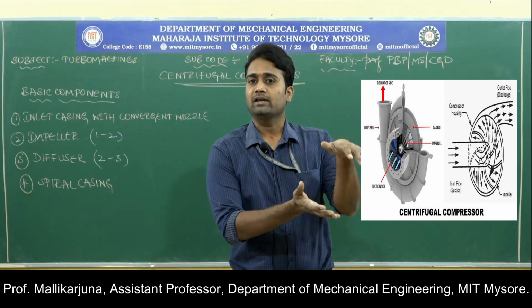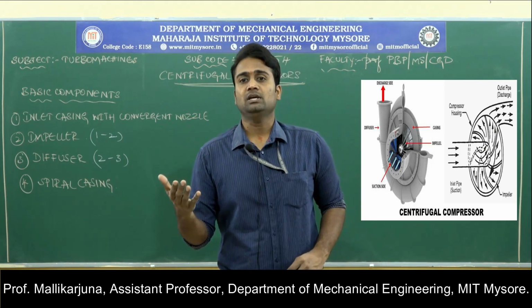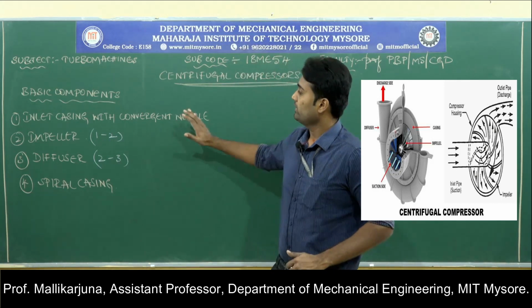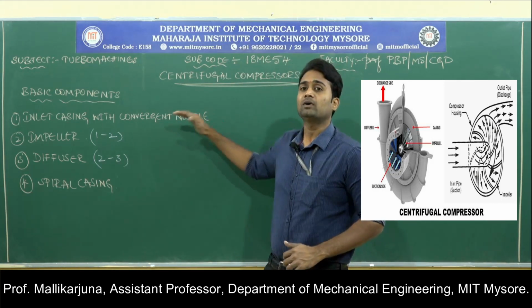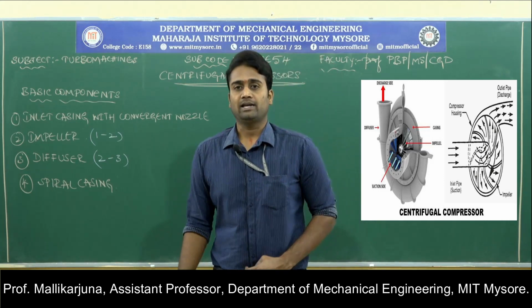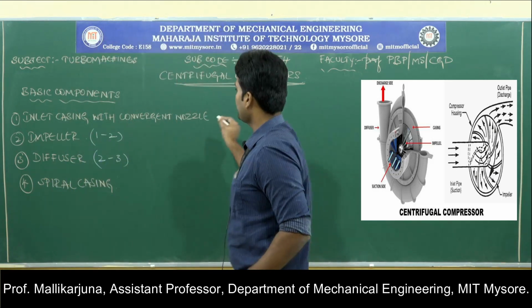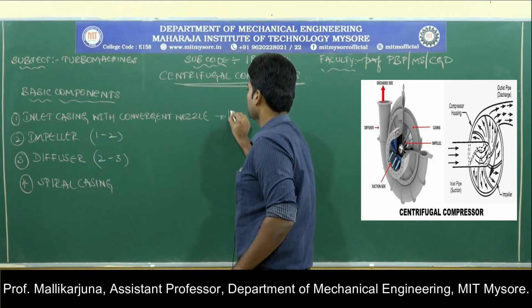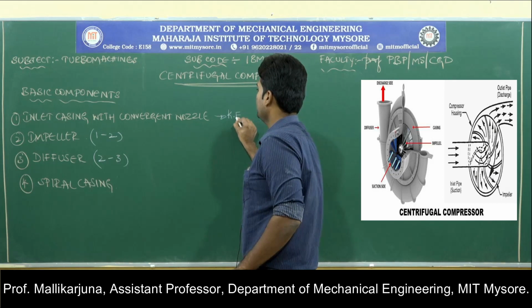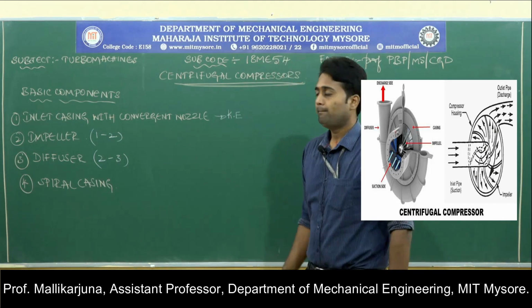Such a decreasing area raises the velocity or kinetic energy of the fluid. So the very first device is the convergent nozzle, through which the kinetic energy of the fluid will be raised. Make sure the function of the nozzle is to raise the kinetic energy. This is kinetic energy increment. So this is the first device through which the fluid will be passing.